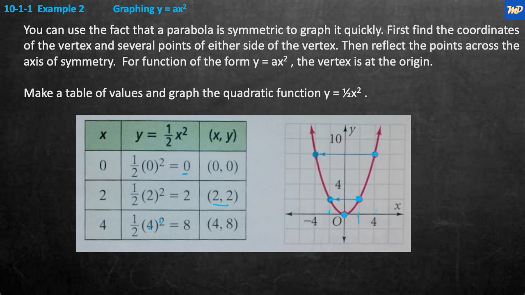Go 2 and -2. So now we go to 4, and 4 is up here to 8. So we go here to -4 and go up 2, 4, 6, 8 and mark our spot. Now we've created the parabola. All you would have to do now is come back through and draw the U-shaped graph, and you have your parabola.